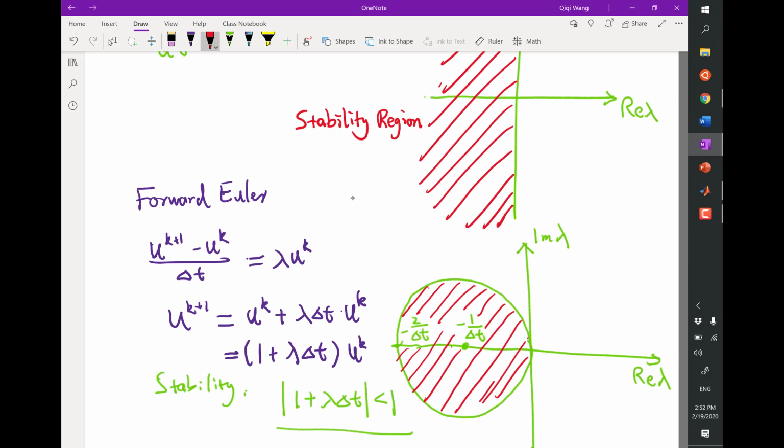Another observation is that there is a pretty weird region in forward Euler here. This region is weird because the analytical ODE is stable, but forward Euler I think is not stable.